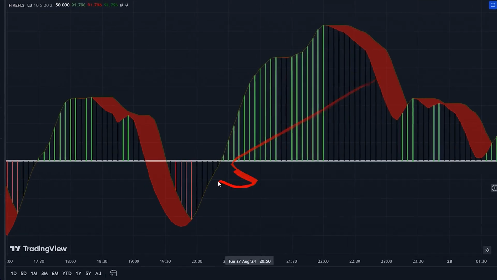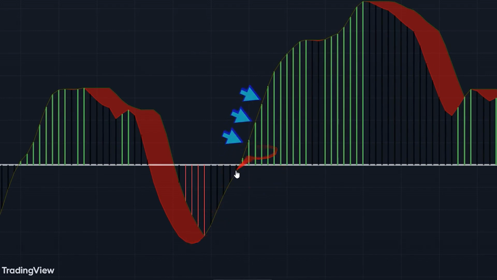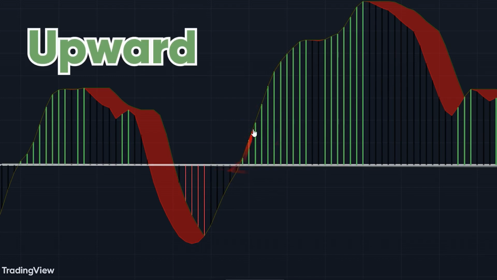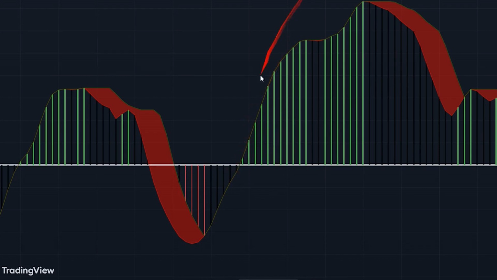Alternatively, we can see here that this indicator and its columns have turned green and are above the 50 line. When this indicator crosses this line and breaks it upwards, we can consider this point as a buy signal and enter a buy trade to gain good profits.